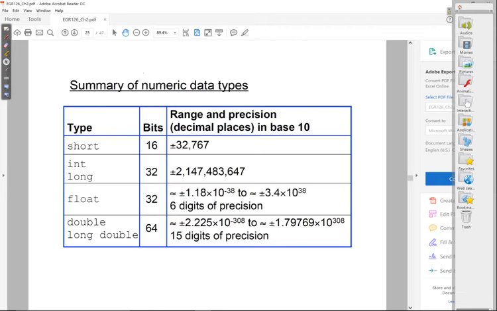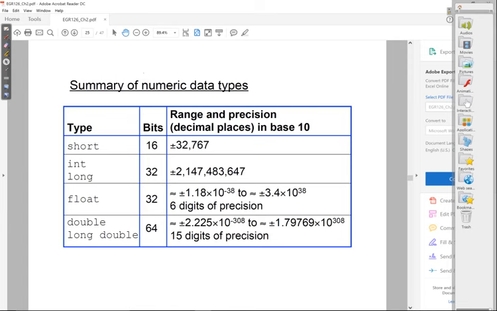Let's skip right to this list. This is the only thing that's important here. This is basically a summary of all the different types of numbers that a computer can store, and this is based on the PC. So it might be a little different on the Mac, but this is representative, if you will.